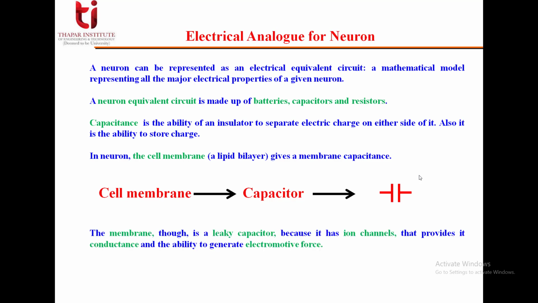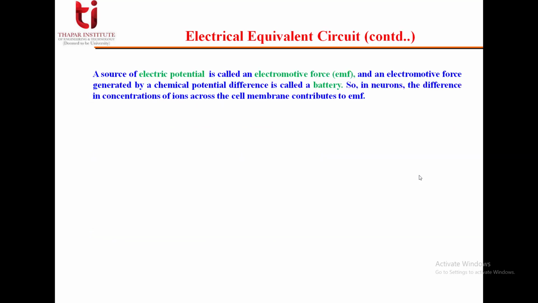The membrane, though, is a leaky capacitor because it has ion channels. As we have studied in the last lectures, there are ion channels like the sodium ion channel, potassium ion channel, and chloride ion channel, which provide it the conductance and also the ability to generate an electromotive force. A source of electrical potential is known as the electromotive force, that is EMF.